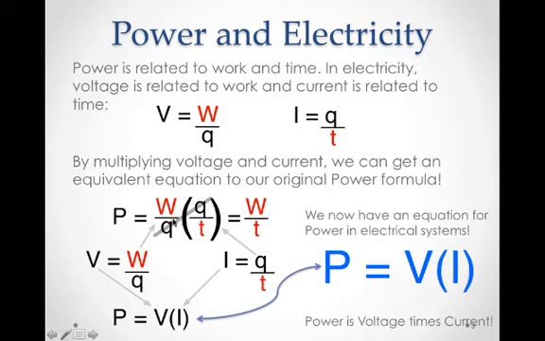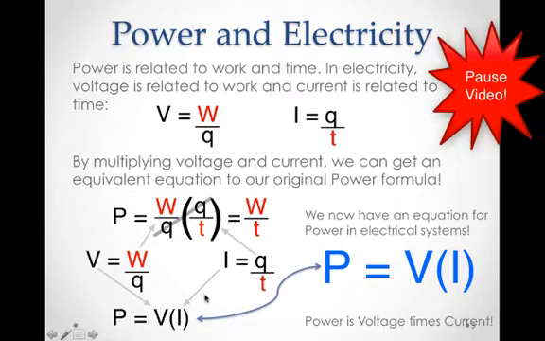So that's how we can define power in electrical terms. We can take the voltage and multiply it by the current, and there is our definition of power. Power is equal to voltage times current.